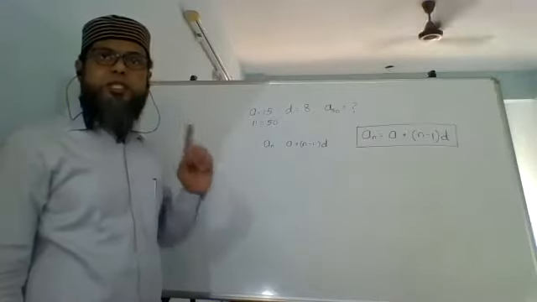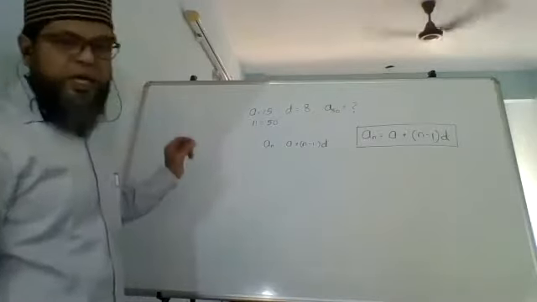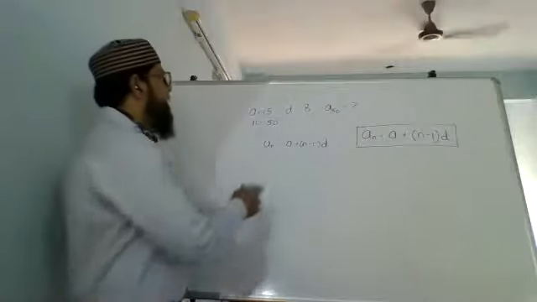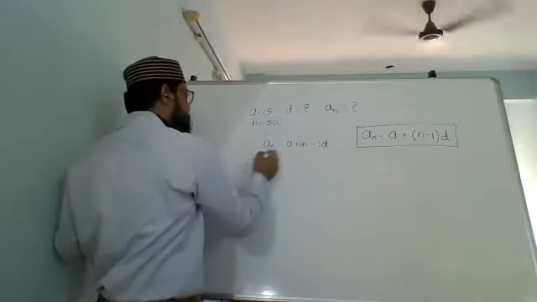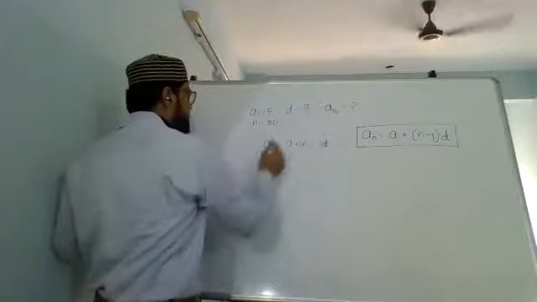So don't skip steps. Wherever formula is there, please write. Now we have to find AN, so it will remain as it is. What is it? A50.